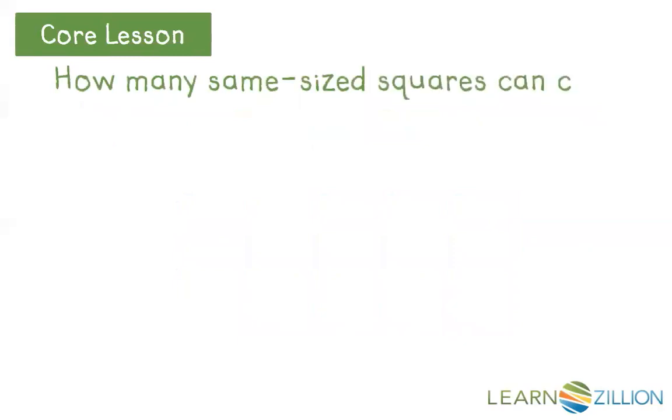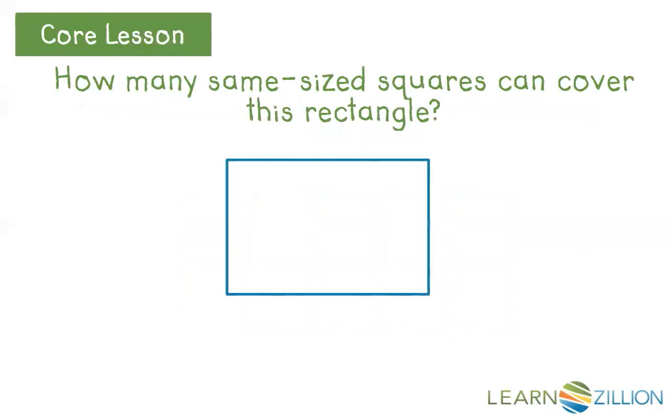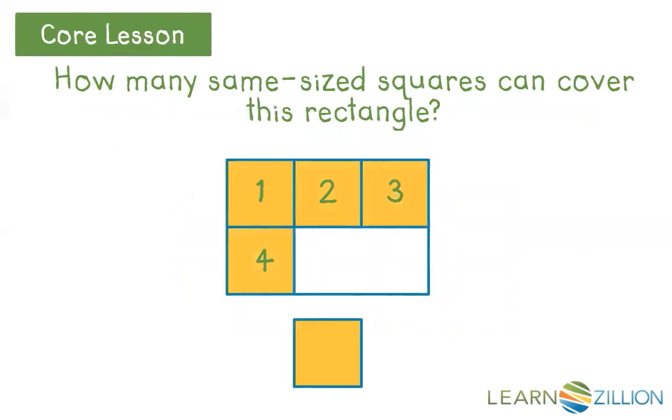How many same-size squares can cover this rectangle? You're going to be using these squares to cover the rectangle, and we will count them as we place them. 1, 2, 3, 4, 5, 6. 6 squares cover this rectangle.